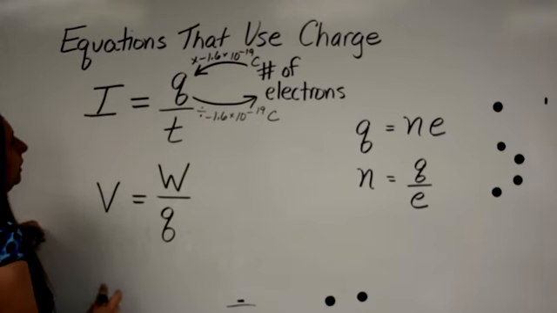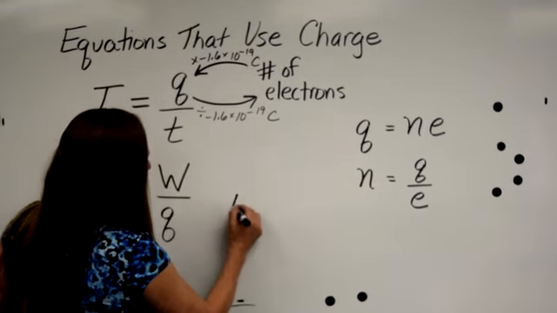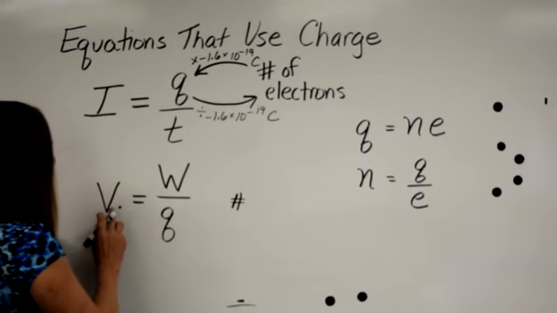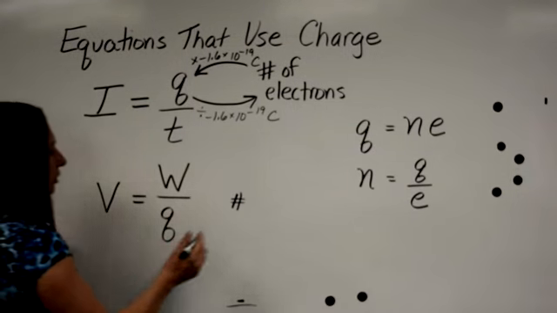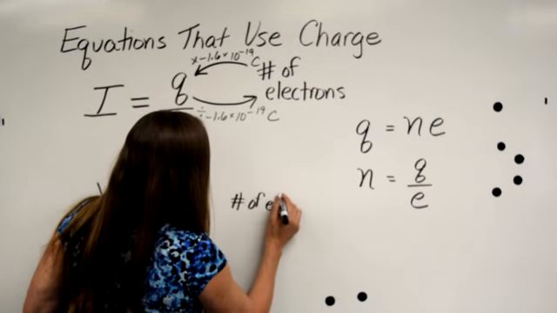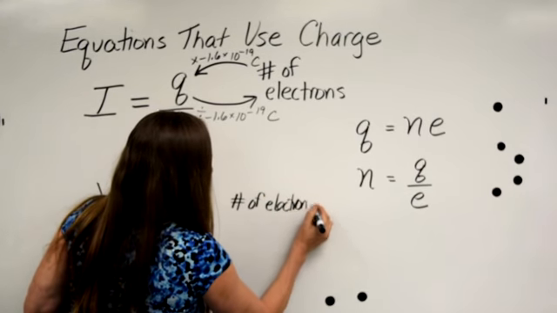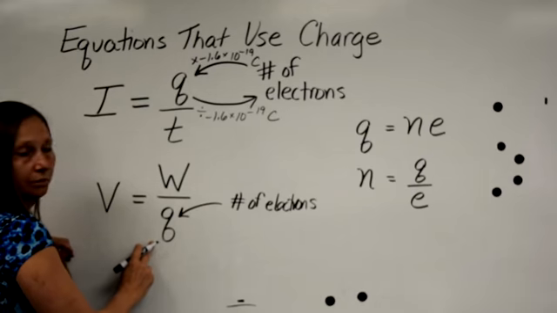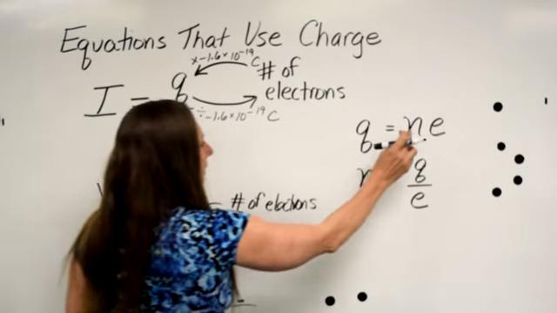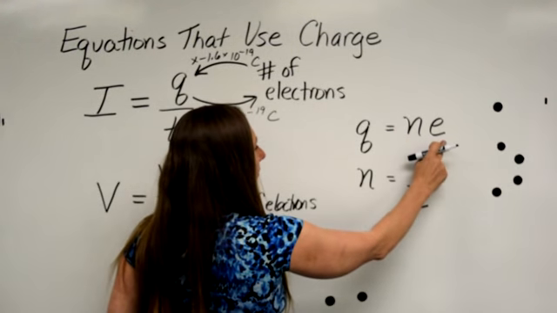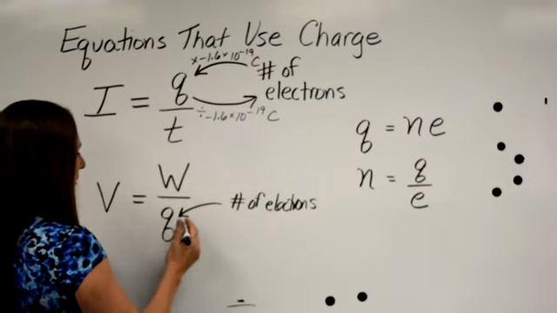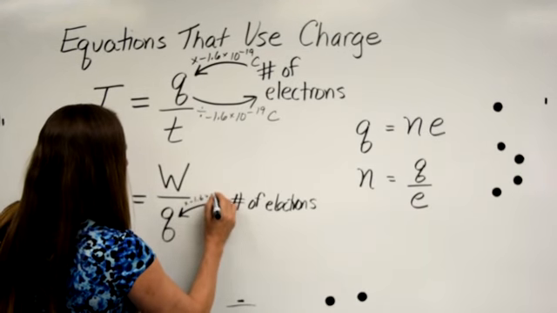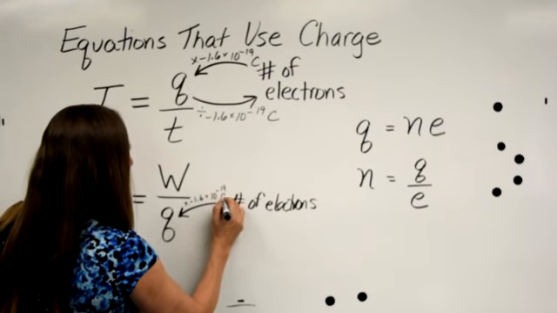There's the charge. If they give you the number of electrons instead of giving you the charge straight up, and they're asking you for the potential difference or the voltage, you're going to take those electrons and convert them to charge. Take the number of electrons, multiply by the elementary charge to get your charge, so that's times negative 1.6 times 10 to the negative 19 coulombs.